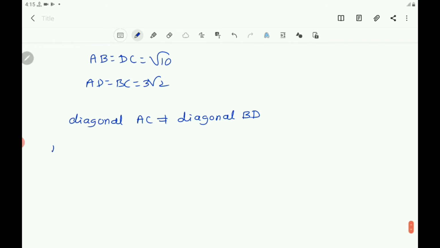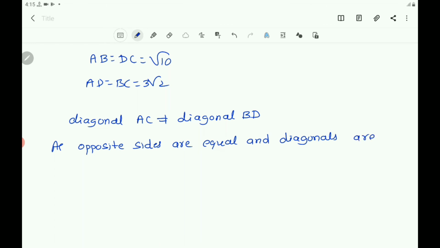So as opposite sides are equal and diagonals are unequal, ABCD is a parallelogram.